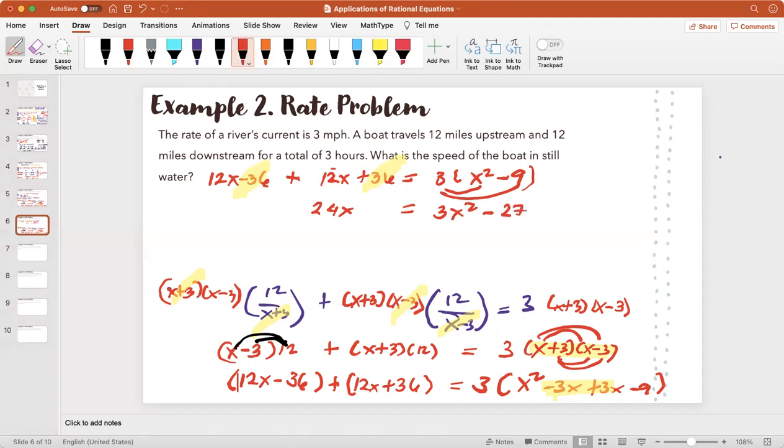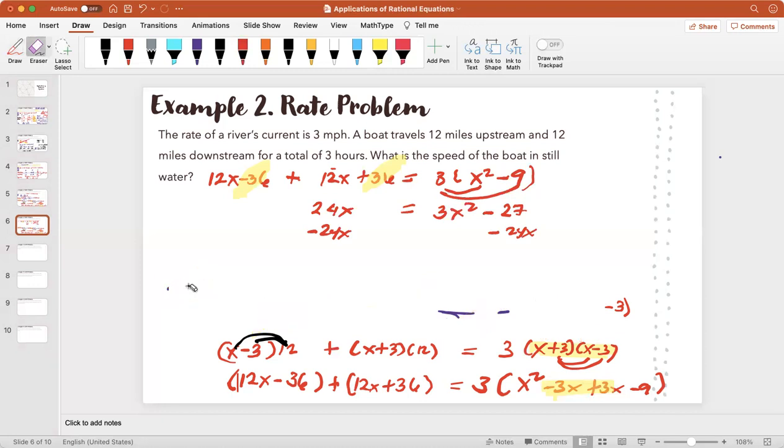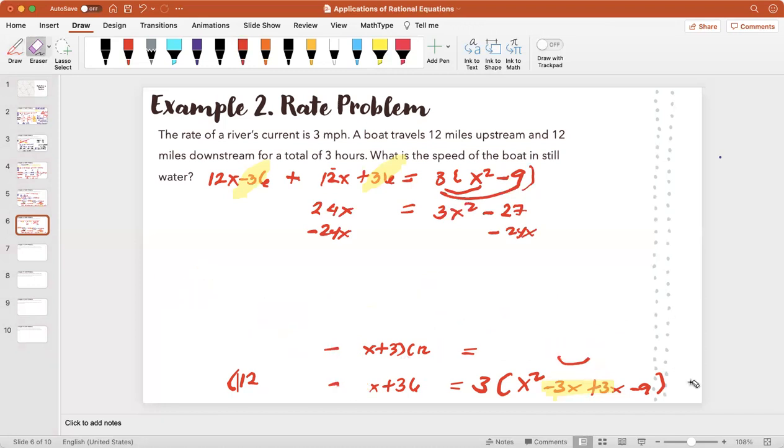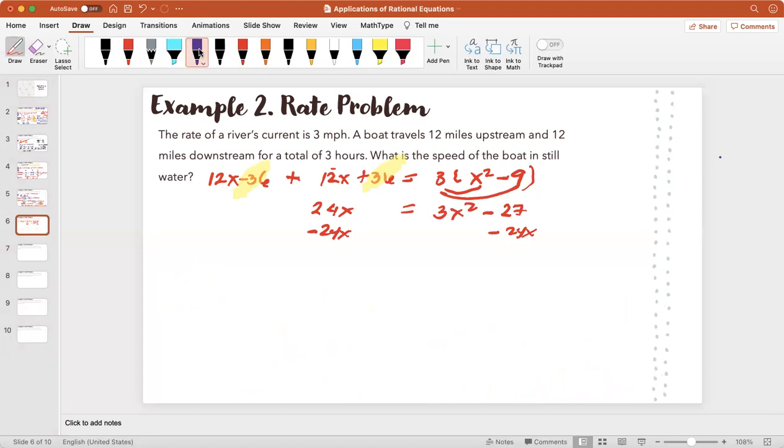Let's make that left side 0. That would be minus 24x minus 24x. Oh, those are not like terms. Let me erase this. Now this is 0.